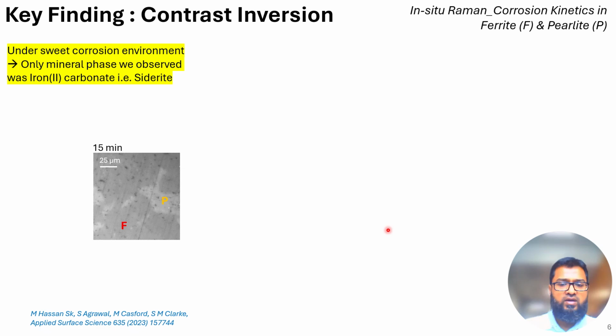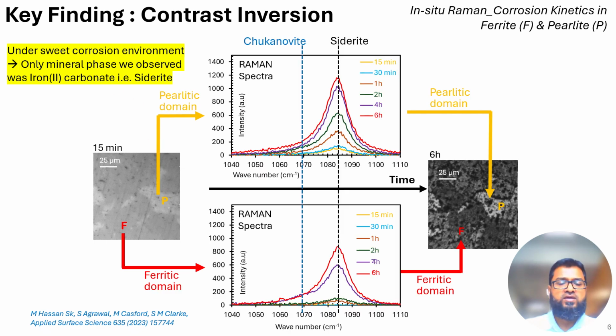And then we followed the growth kinetics of the corrosion product that forms on the surface. In the sweet corrosion environment, we see only one phase, which is iron carbonate, iron(II) carbonate or siderite.